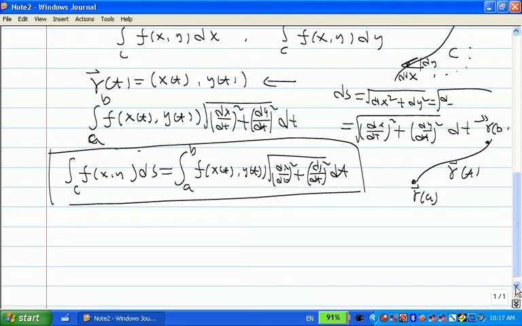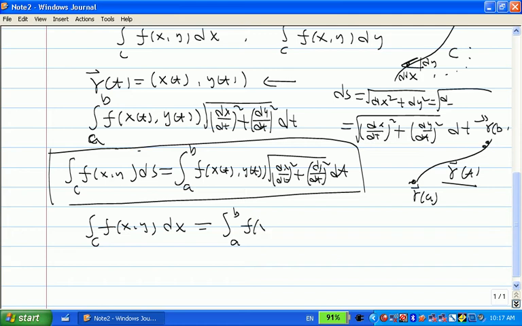Important, since you need to write your curve as r(t). The second kind, f(x,y) dx, same thing, from a to b, same curve. I mean the curve's starting point is when t equals a, and t equals b gives the end point.